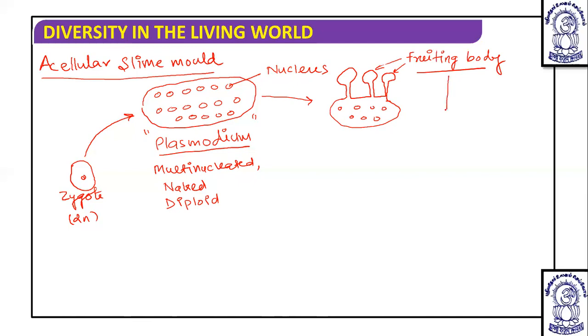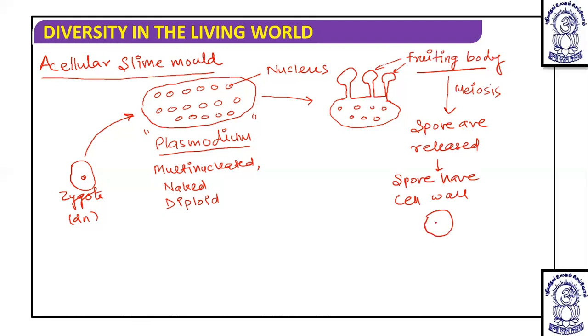So this fruiting body breaks and spores are released, and these spores have a cell wall. Now these spores are produced in the fruiting body by meiosis. So when spores are released, these spores are haploid. Now they germinate.